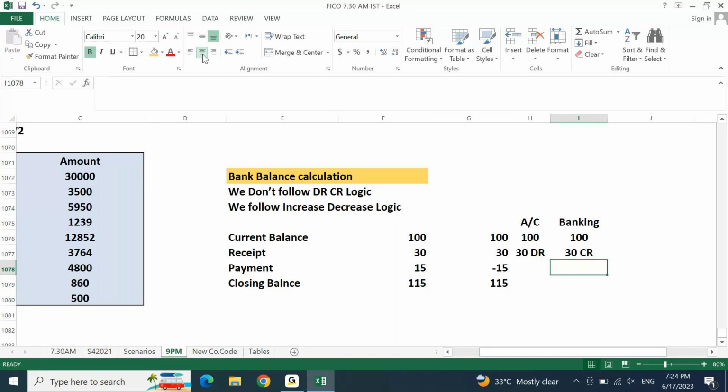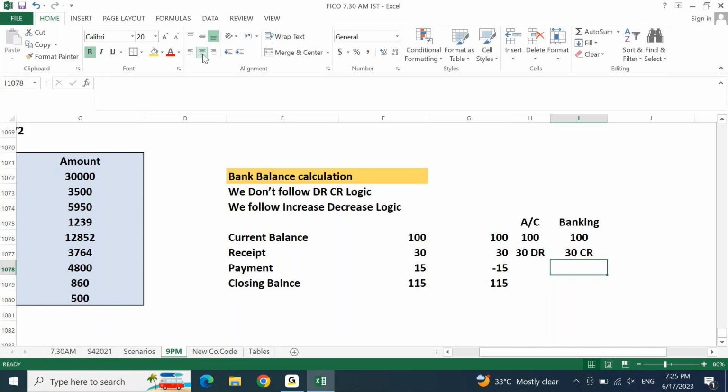You will receive a message stating your account has been credited in case of a deposit. In case you withdraw the amount, you will get a message stating your account has been debited. Your SMS will tell debit for the deduction and credit for addition. Am I correct? Yes, sir.